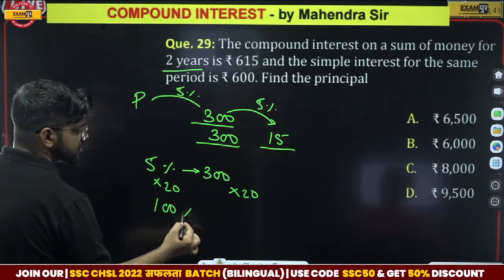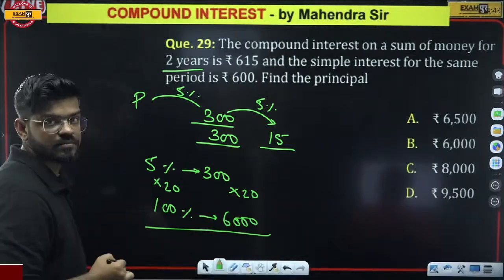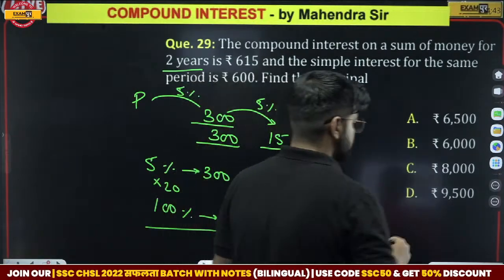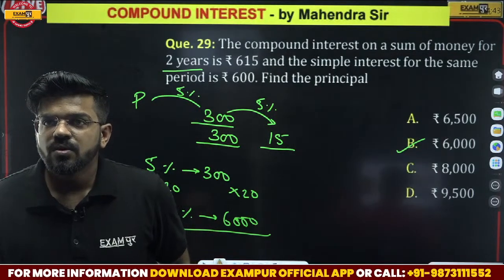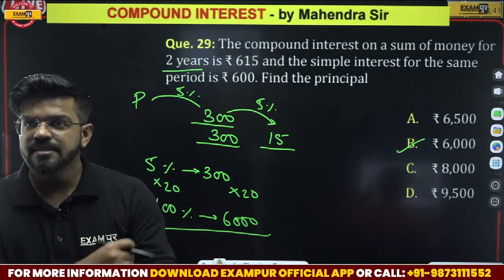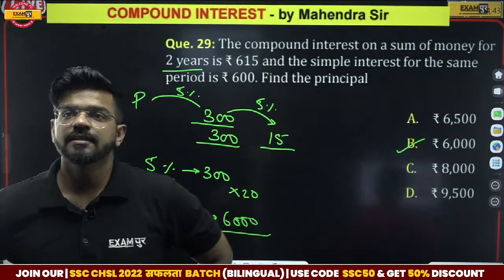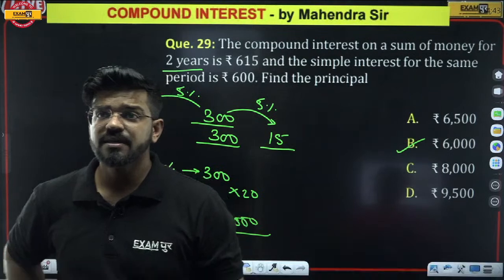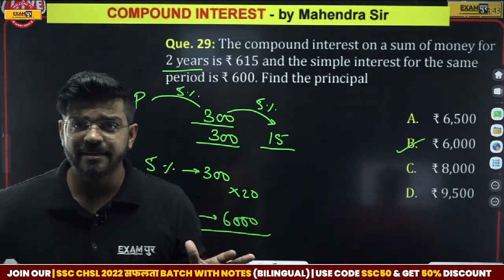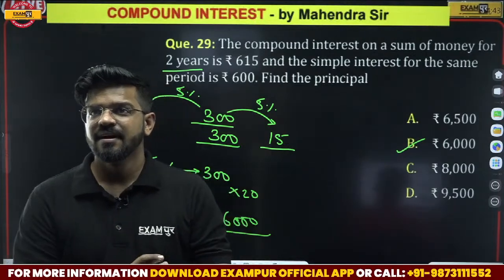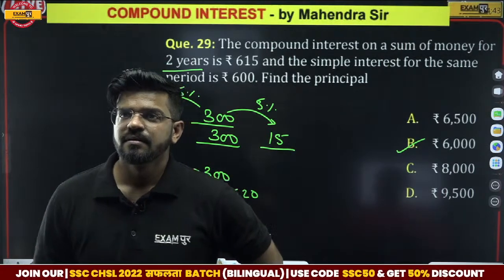So 100% means P is 6,000. 6,000 means option number B. Hariha is saying that D is the right answer. No, the right answer is option number B, that means 6,000. Sam is giving the right answer. Superb, Sam.